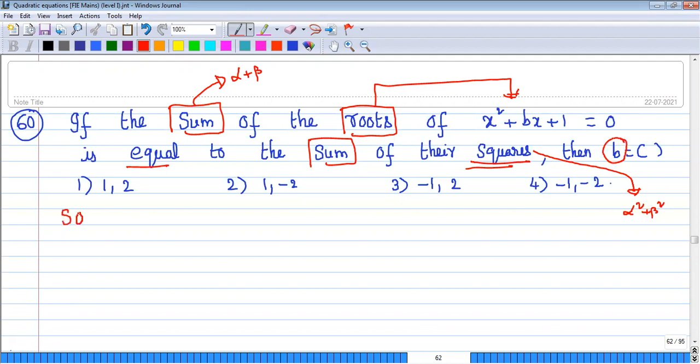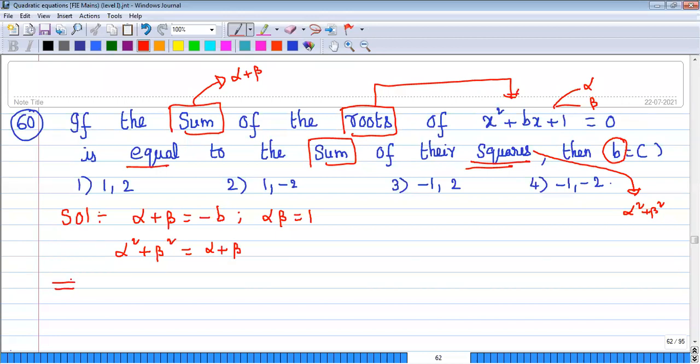So first let us write it. If alpha comma beta are the roots of this one, we have alpha plus beta is equal to minus b, alpha beta is equal to 1. I'm writing directly. Given alpha square plus beta square is equal to alpha plus beta.